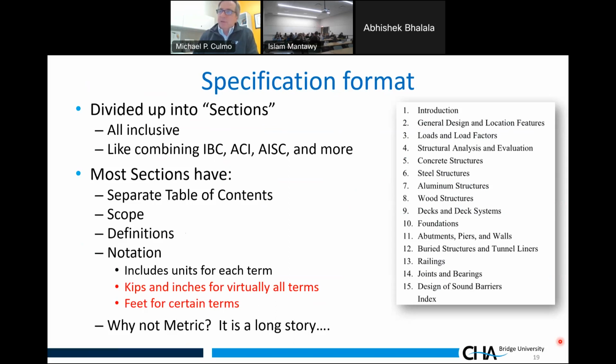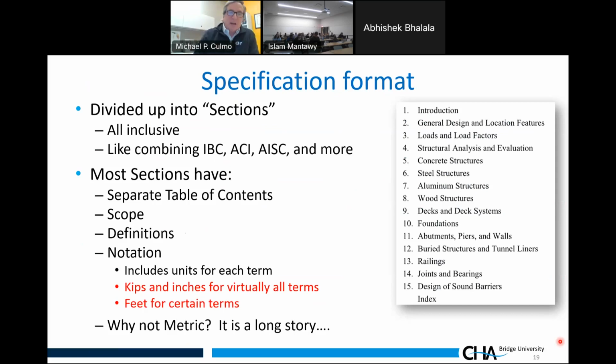So if you design a building, you have 3 or maybe 4 different specifications to follow. In bridges, it's an all-inclusive document. It covers concrete, steel, loads, wood structures, aluminum structures, foundations, retaining walls. It covers everything on a bridge. It's covered in one document, which is why the AASHTO LRFD specification is over 2,000 pages long, because it's essentially taking 4 or 5 or even 6 codes and combining them into one document.